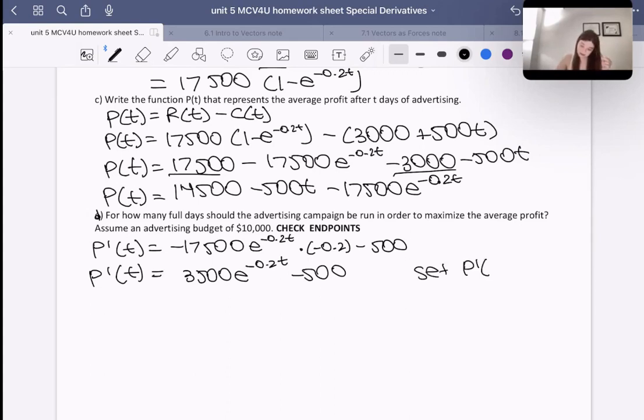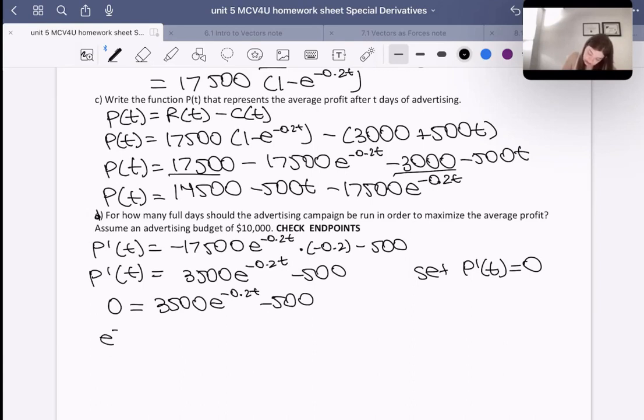And now we're going to be setting the derivative of the profit function to 0 in order to get to the maximum profit. So 0 is equal to 3,500 e^(-0.2t) minus 500, which means that e^(-0.2t) is equal to 500 over 3,500, which is actually 0.14.